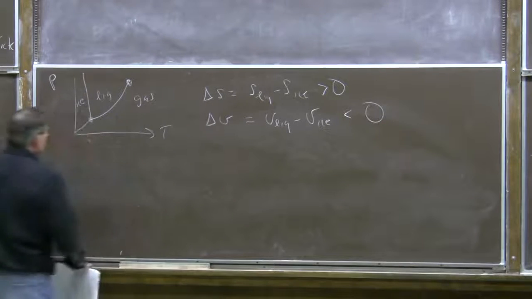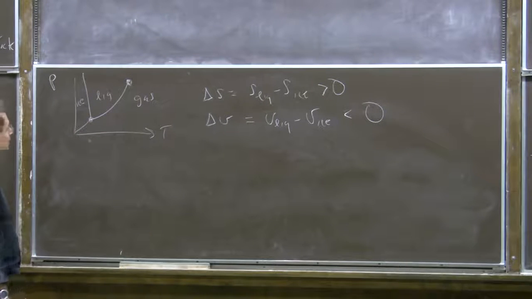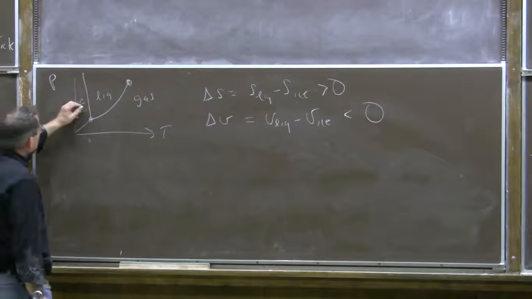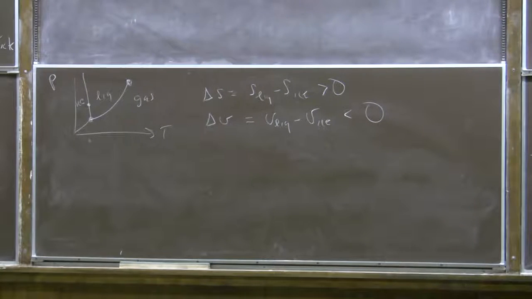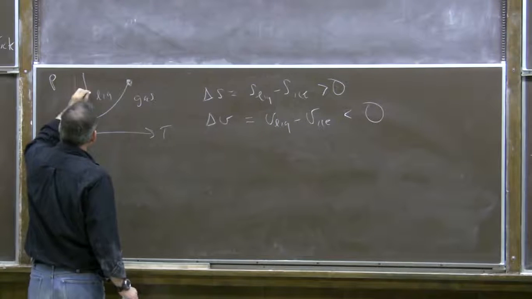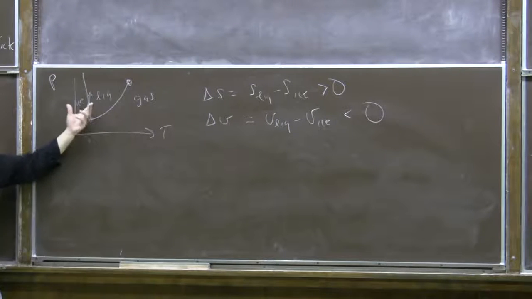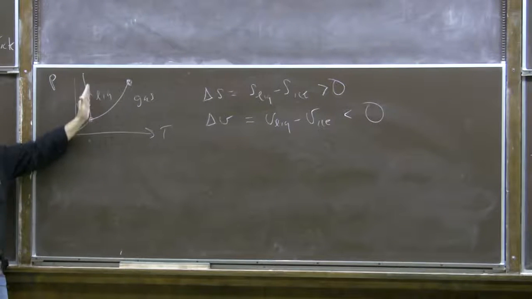Of course, what it means is that if I consider sitting on the coexistence curve and then pressing down on the ice to increase the pressure, that lowers the melting temperature, so increasing the pressure will actually convert ice to water, which means we can do what?